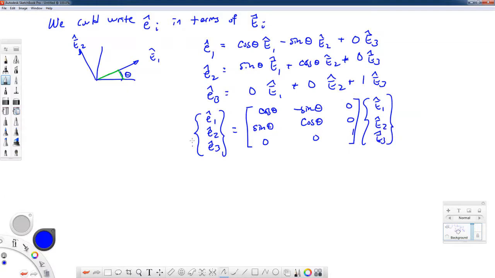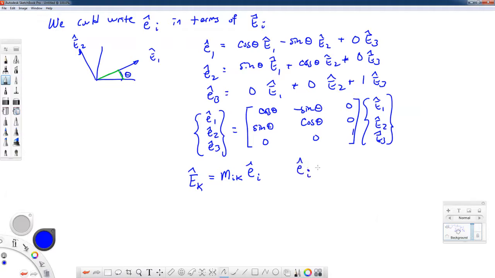So we can do things one of two ways. We can say that the capital E hat k unit basis vectors are equal to Mik, the transformation matrix, times the E hat i unit basis vectors. Or we can do it the other way around.